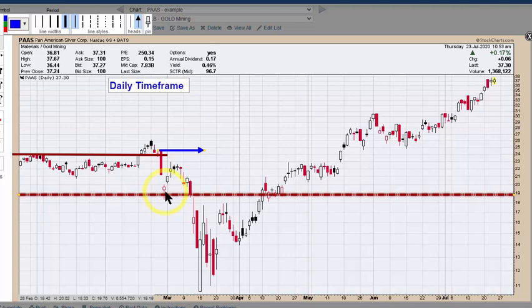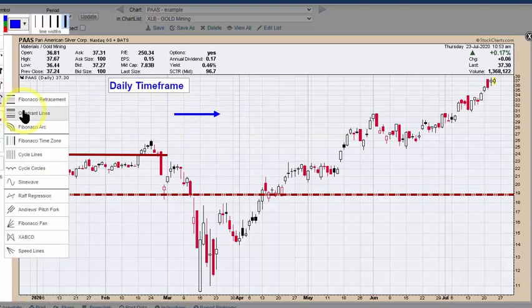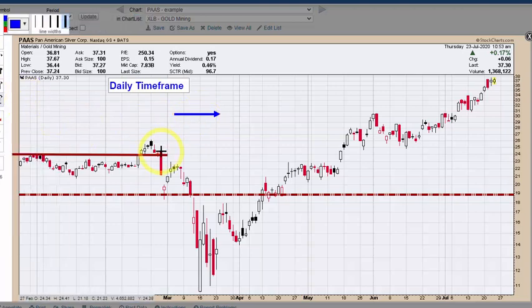Now you're thinking, oh my God, it's putting in a bounce. I want to fade that. Okay? Where would you get in? And this is a little off topic, but I just want to go over it. Those are Fibonacci retracements.